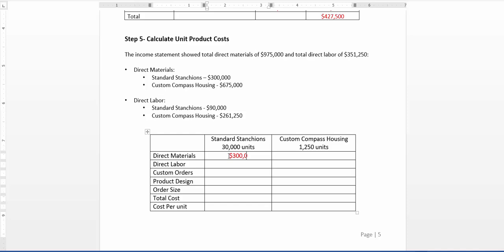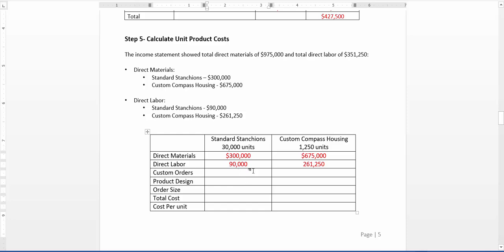And here it's going to be 675,000. Our direct labor will be 90,000 here. And here will be 261,250.